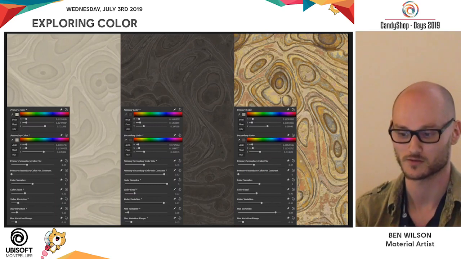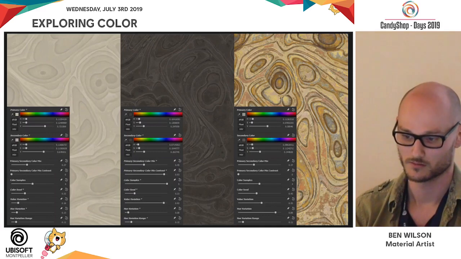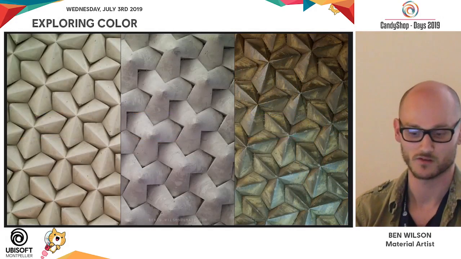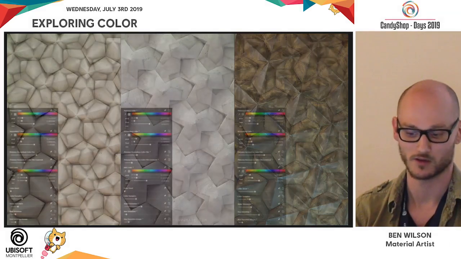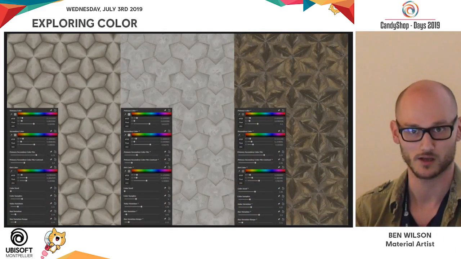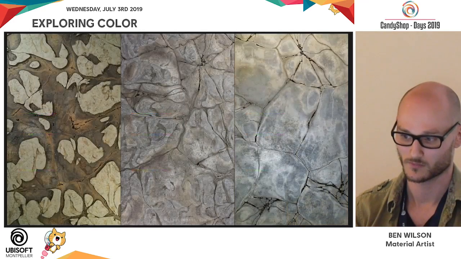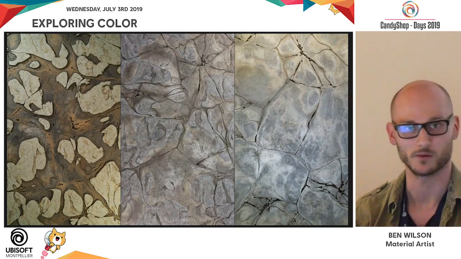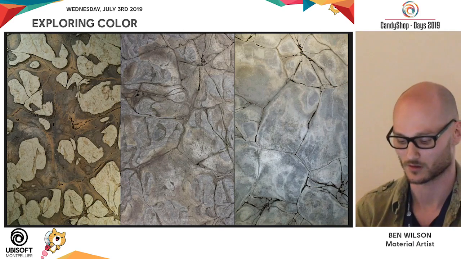All this color variation is derived from two colors. This example also only has 2 colors, but I did expose a third dirt layer. And then if you start to layer maybe 3 or 4 of these nodes together, you can get some very interesting color results.